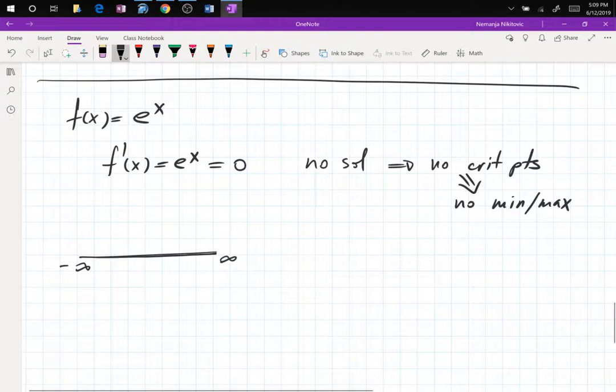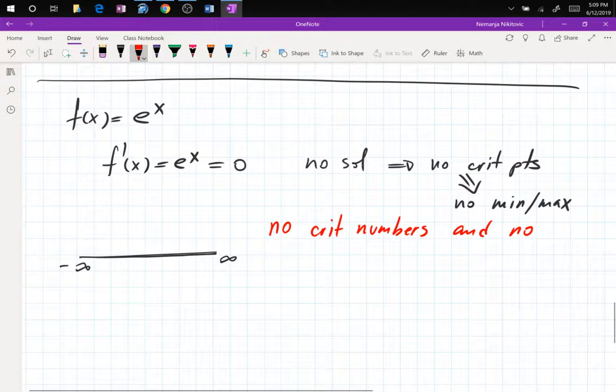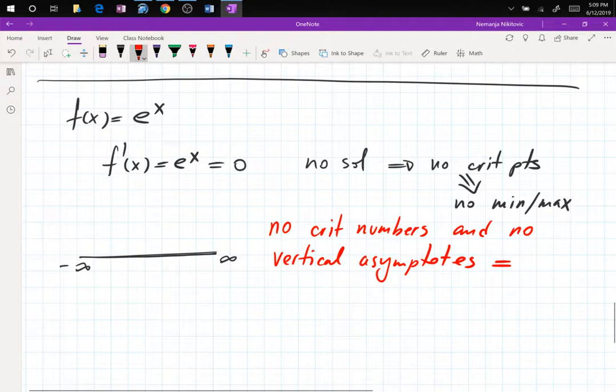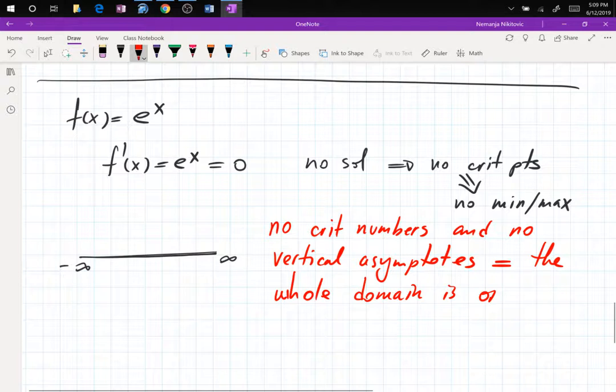No. So I'm going to write here now in blood: no critical numbers and no vertical asymptotes means the whole domain is one partition.